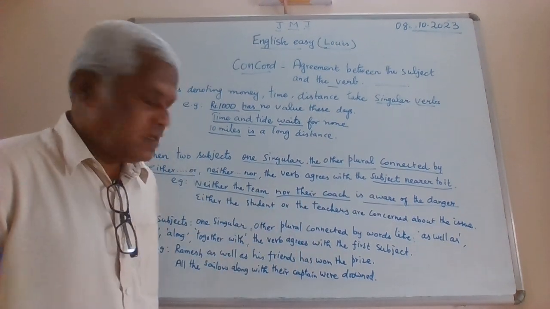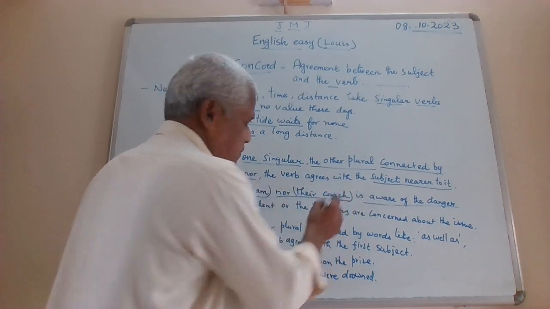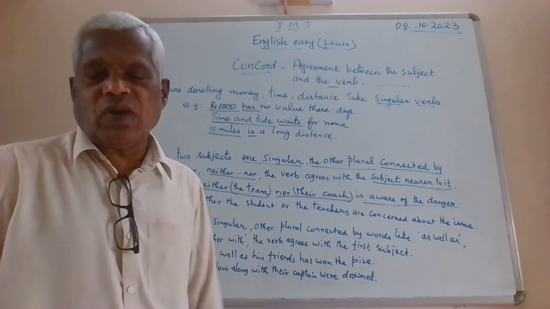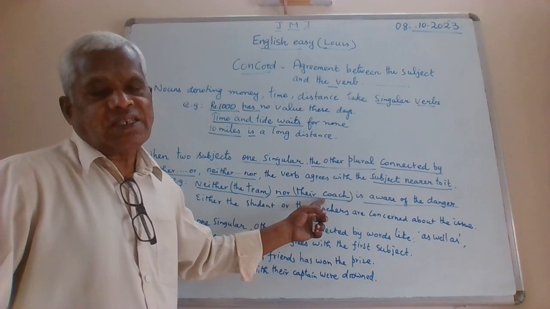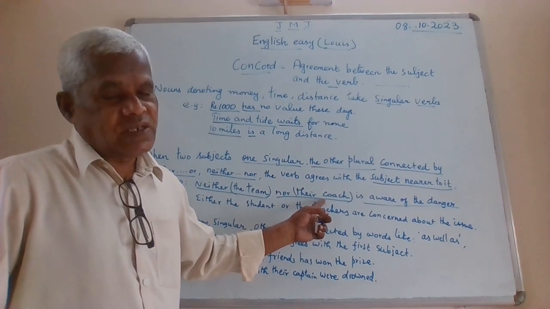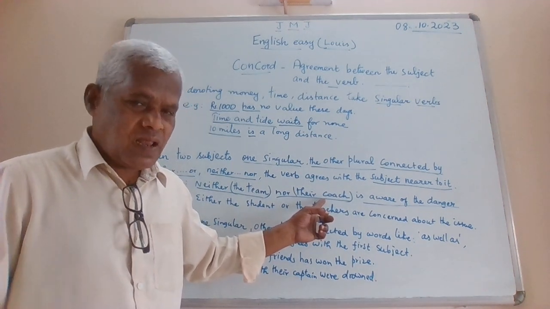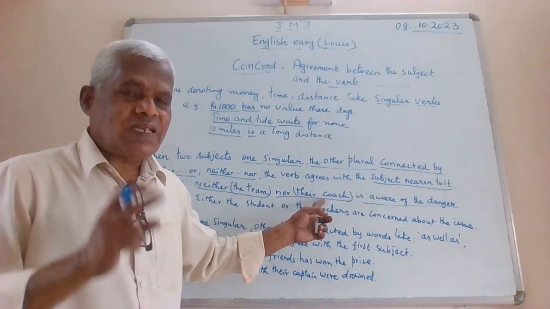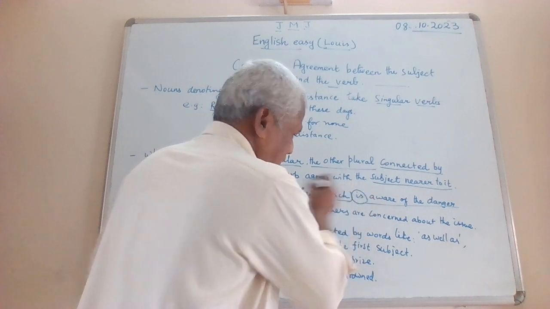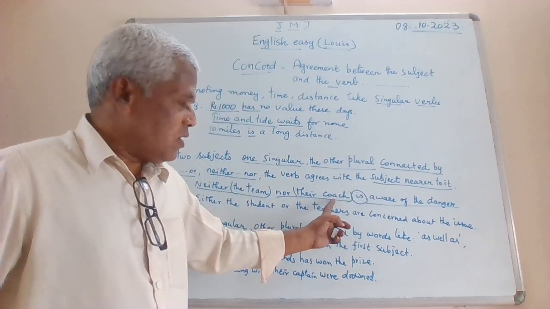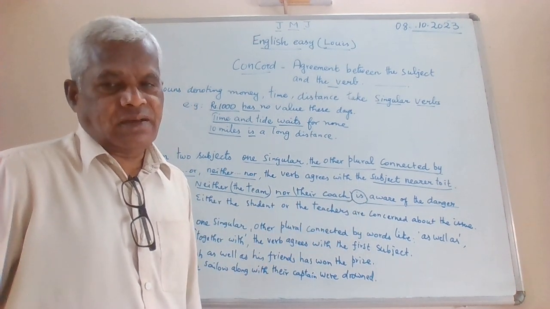One is the team, another one is their coach. Their coach, of course, is only one person. So this is the plural subject and this is the singular subject. So what is our rule? When you have two subjects, one singular, another plural, the verb agrees with the subject that is nearer to it. So what is your verb here? Is. So coach is the singular subject, so this sentence is correct. So that is another rule.